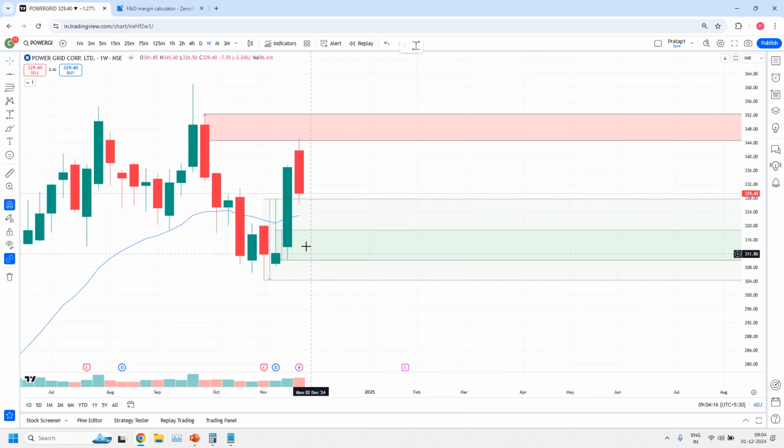So this is the weekly zone and this is the daily zone. We have a drop, 3 base candles and a rally. This is the weekly zone.